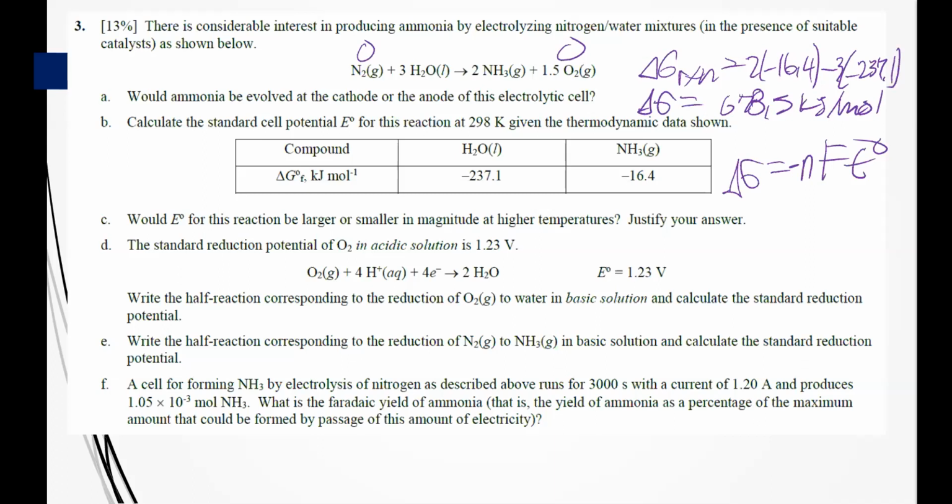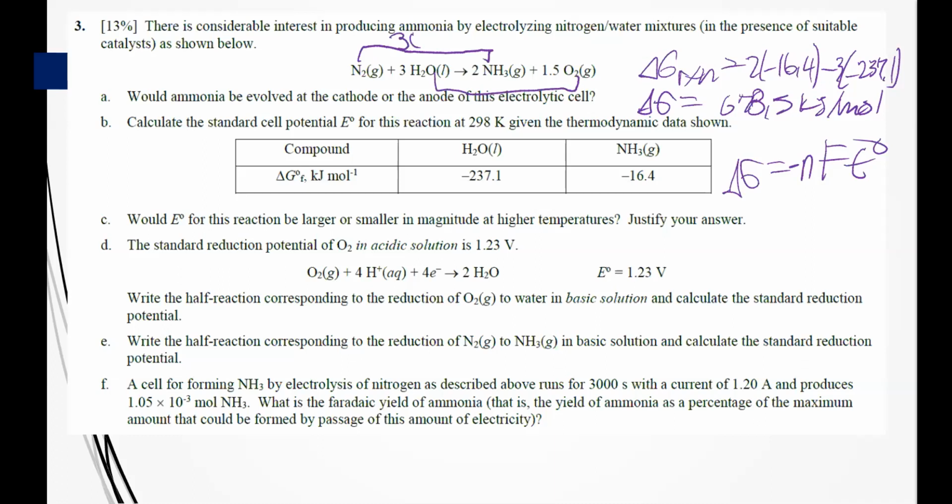Now, how many electrons need to be transferred in our reaction? How many electrons do you think get transferred in this reaction? It's going to be 3. Each of these nitrogens is going from 0 to a -3, right?